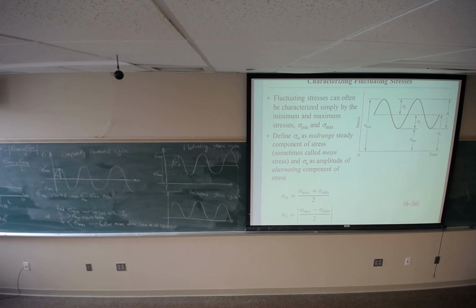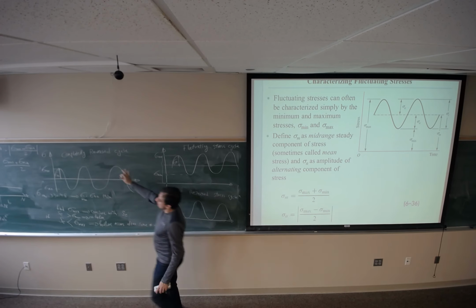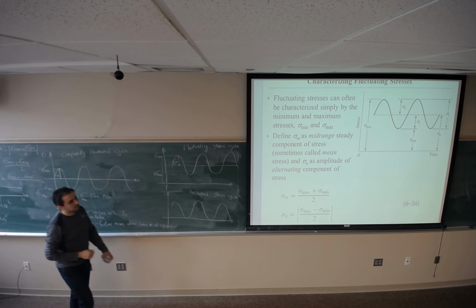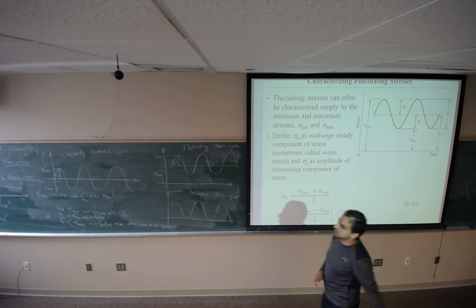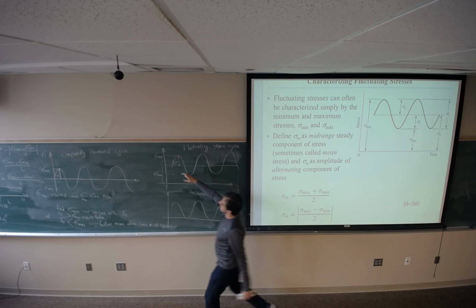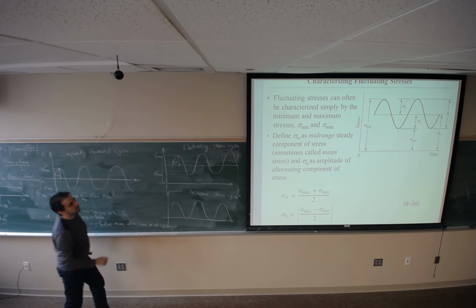For completely reversed cycles, sigma m would be sigma max plus sigma min, which is negative sigma max, so plus minus, it's going to be 0. So the mid-range or mean value of stress is going to be 0 for completely reversed cycles. But for these cases, sigma max plus sigma min, you will get some nonzero values.